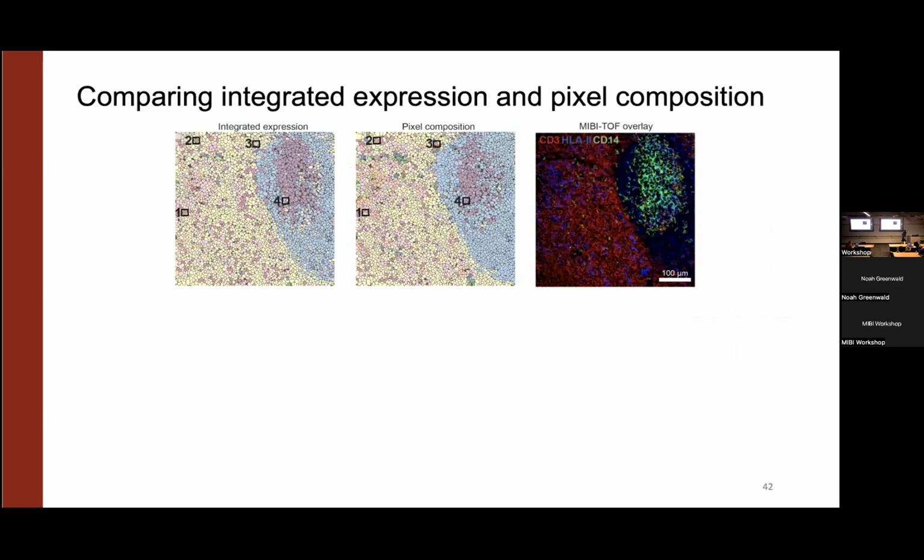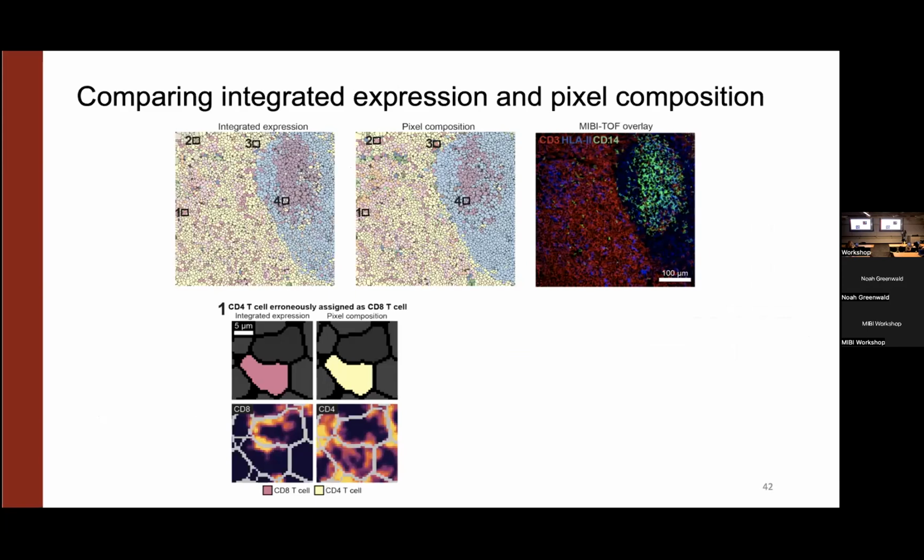To compare the output of the two ways of doing it, this is the same lens image I've been showing you. Now I'm going to show you specific examples of how our method, I think, performs better than the way we used to do it. In this example, using integrated expression, this colored cell, this is a CD8, was assigned as a CD8 T cell. But if we look at the actual CD8 signal, we can see that the cell above it has clear CD8 signal, and it's just that this overlapping signal is very bright into the cell below it.